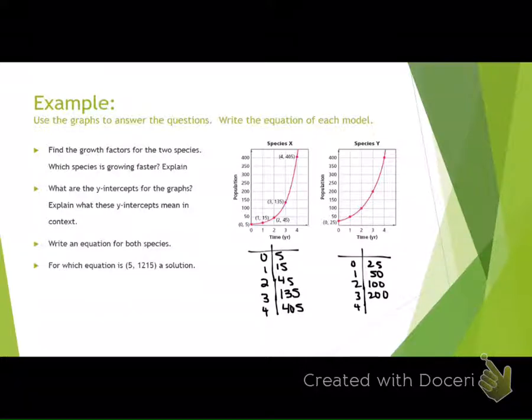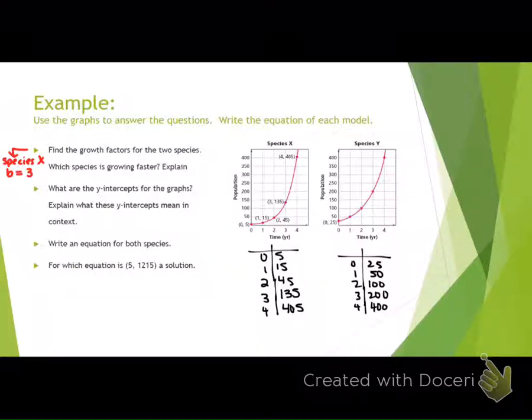Okay. So for the first graph, species X. What is the growth factor of species X? 3. Who just said that? Me. Why is it 3? Because 5 times 3 is 15. Yep. 5 times 3 is 15. 15 times 3 is 45. 45 times 3 is 135, and so on and so forth.